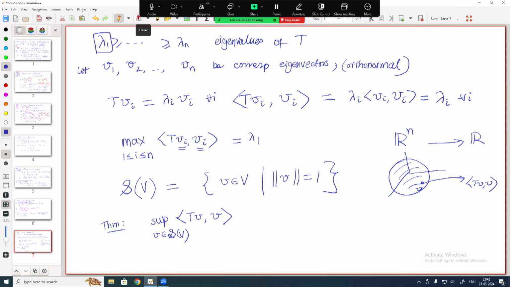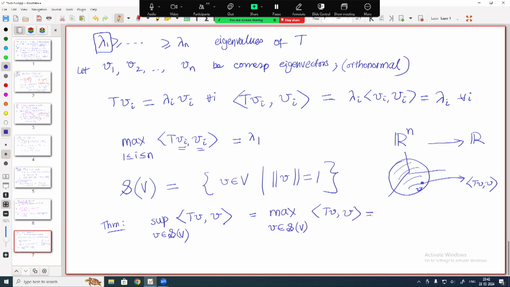Now what do we know about such functions? The supremum is always attained, there is a point at which this supremum value is attained. So I can replace the supremum by the word maximum. It is a maximum on the unit sphere of Tv comma V.